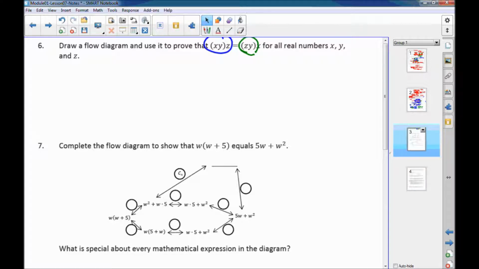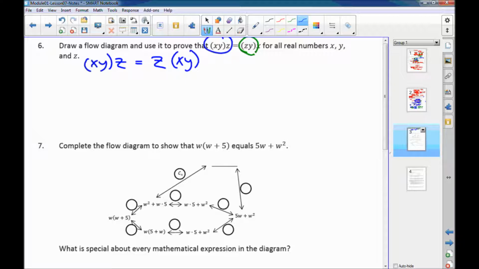Okay. All right, so let's start with it. We have x, y, and then times z. Now, I'm going to start with trying to just get the letters in the right order. So I would like the z to be in the front. So I am going to switch it around like this. I'm going to move the z to the front because I'm allowed to do that by one of my 3 properties. And what did I switch around?